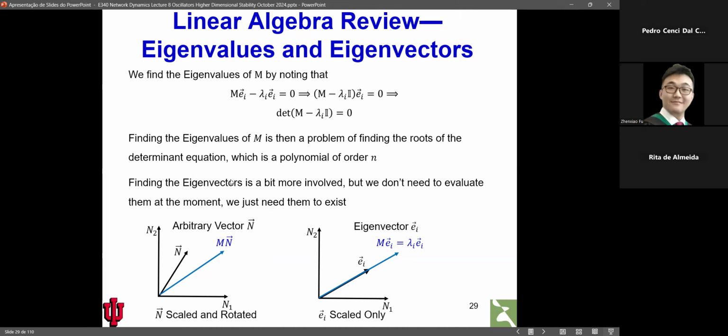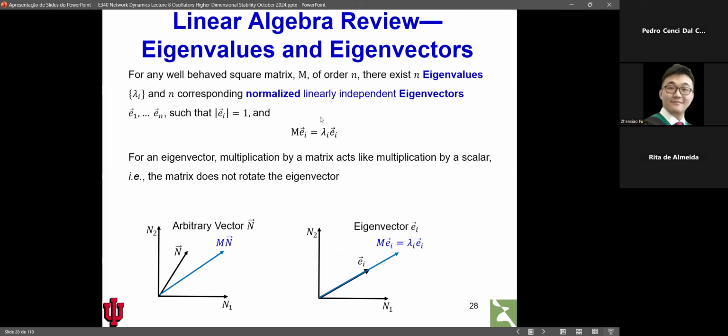So once I have the lambda i's, I can come back to this equation, and then there are n solutions for each value of lambda i.